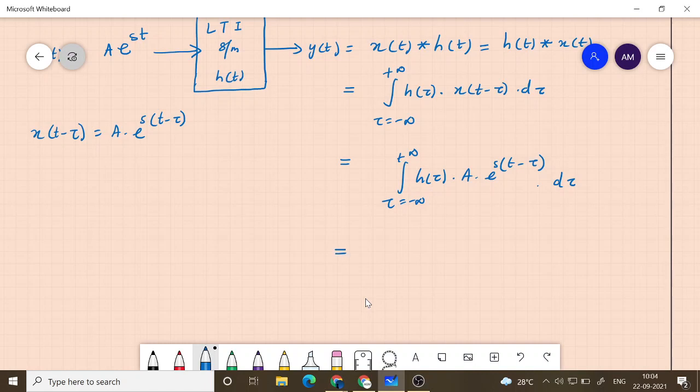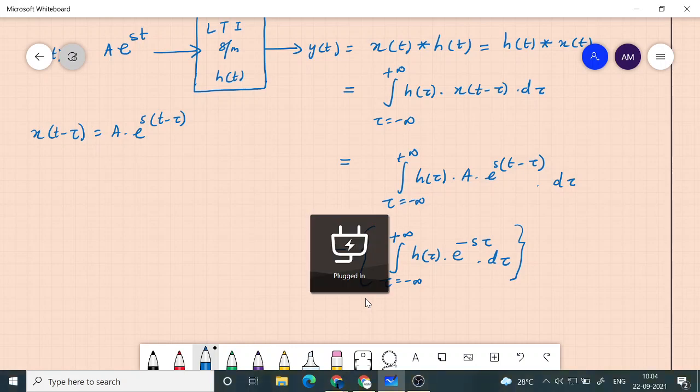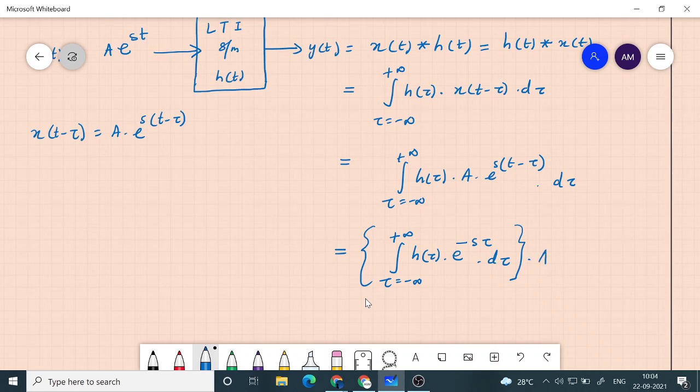So I can write it as the integral over tau from minus infinity to plus infinity of h of tau into e raised to minus s tau d tau, and I will pull a into e raised to st out of the integral, so into a into e raised to st.